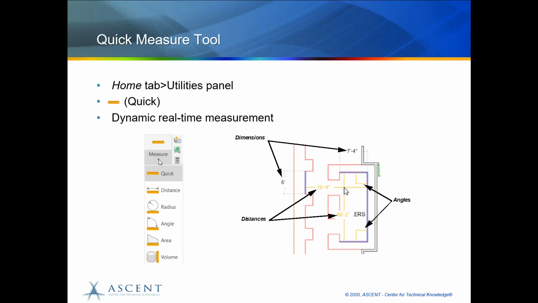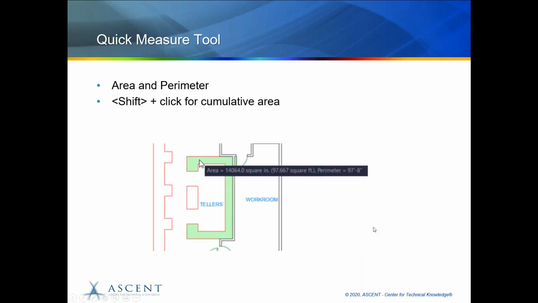So all of this was actually introduced last year in the AutoCAD 2020 version of the software, but this year they have added one more feature to the quick measure tool, and that is the area and the perimeter of a closed area.